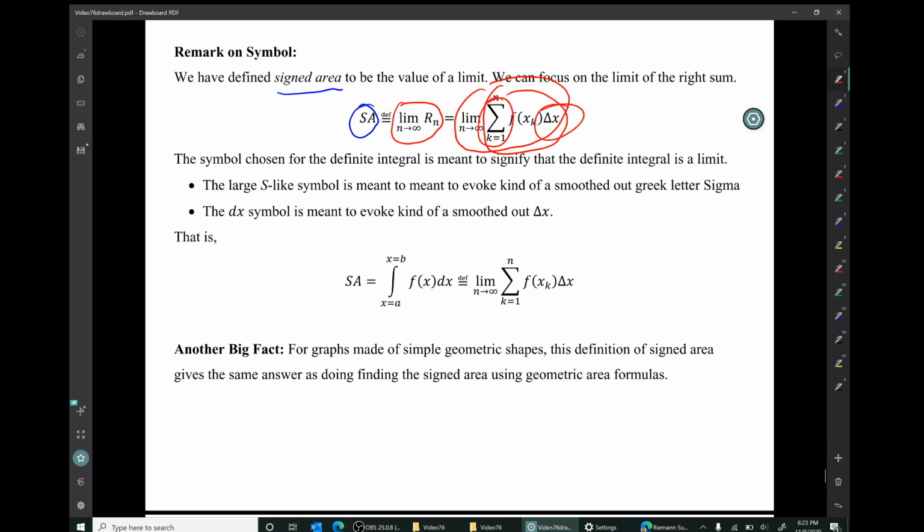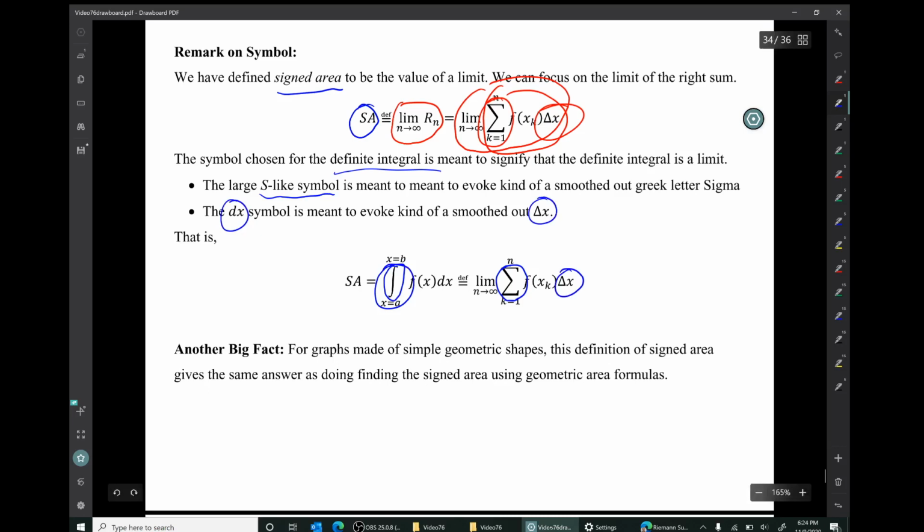Now the symbol chosen for the definite integral is meant to signify that the definite integral is a limit. The large S-like symbol is meant to evoke a smoothed out Greek letter sigma. So that thing sort of smoothed out becomes this curvy thing. And then the dx symbol is meant to evoke a kind of smoothed out delta x.